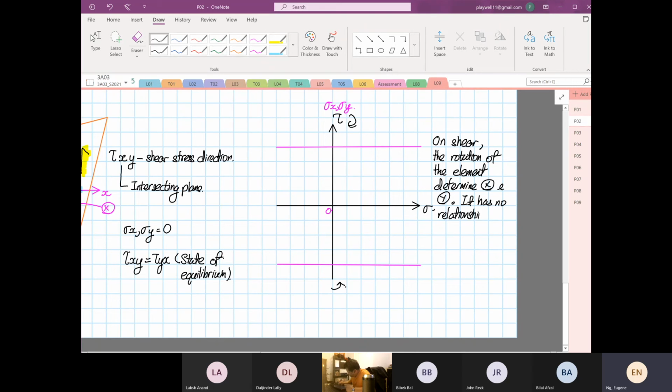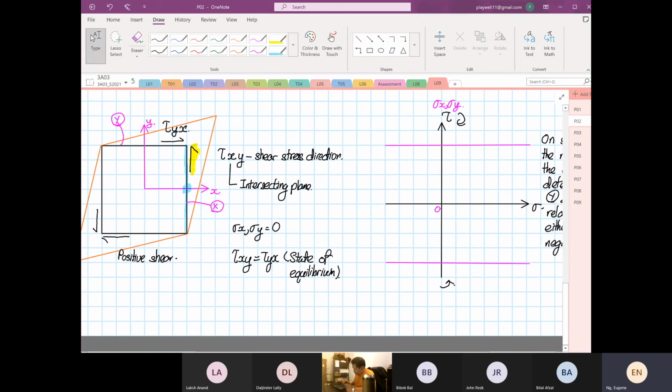It has no relationship with either positive or negative shear. Yeah. Let me explain what I mean now, okay?